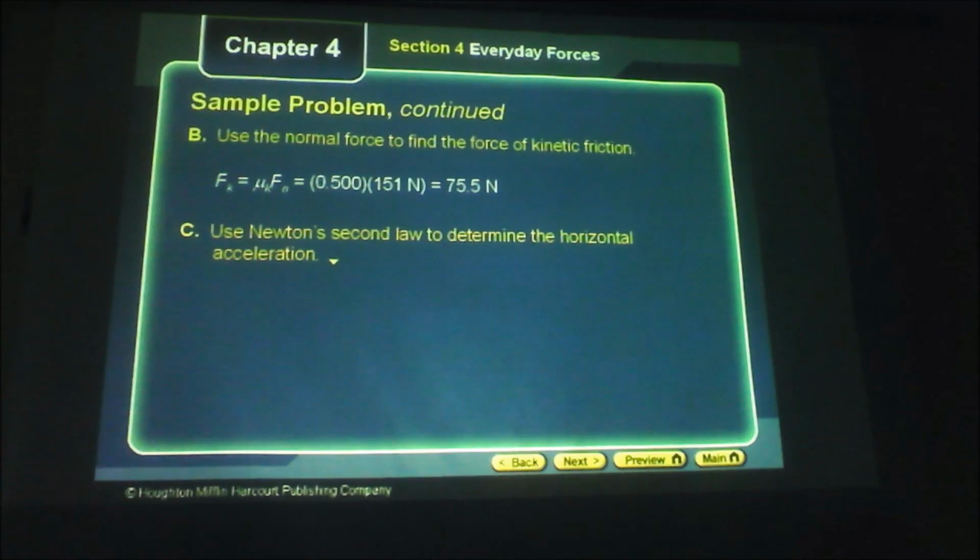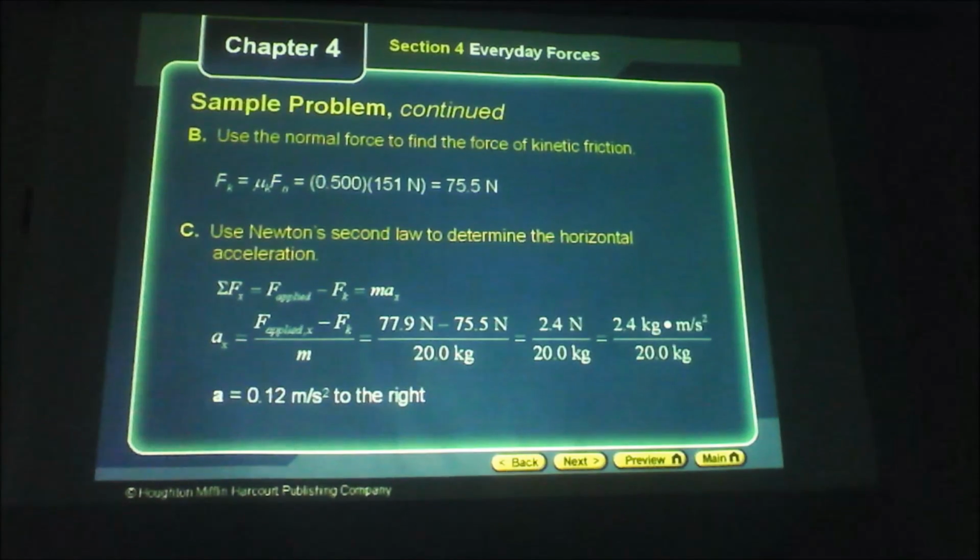Now we need to use Newton's second law to determine the horizontal acceleration, because we want to know how fast the box is going to accelerate. We take the summation of the forces in the x direction, which is our applied force minus the force of friction, and that equals our mass times acceleration.